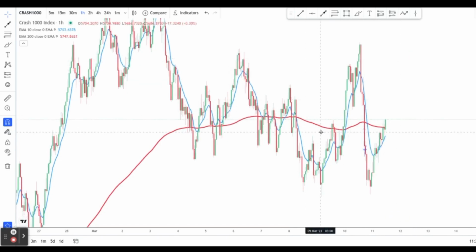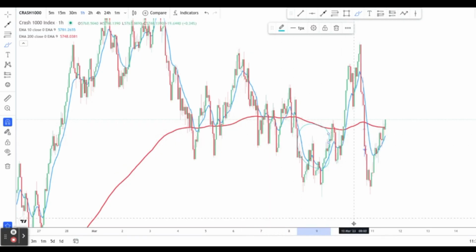You understand? So anytime you see price in between the 10 and 200 moving average like this, it's better you stay out of the market, because the market is ranging, and that can only happen on a higher time frame.